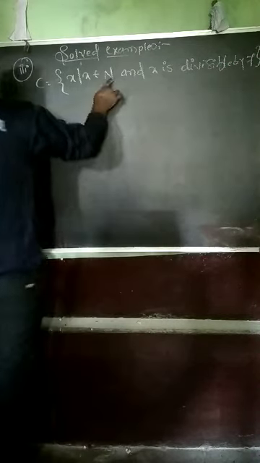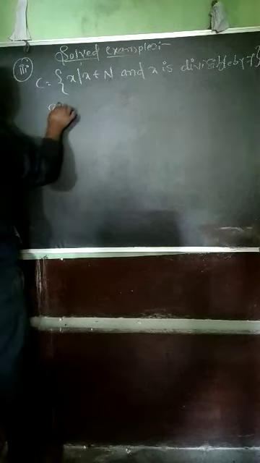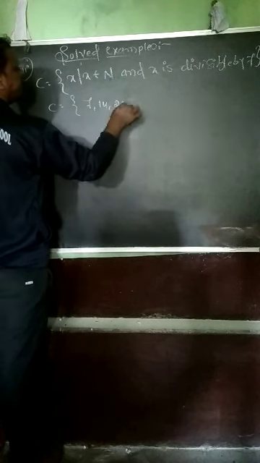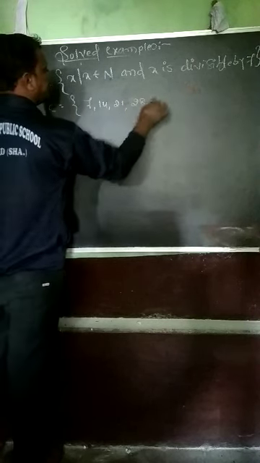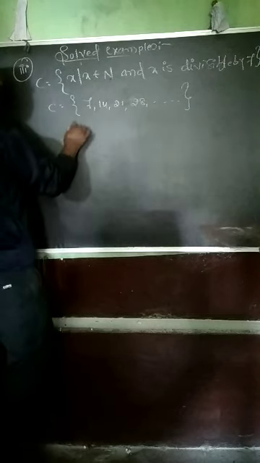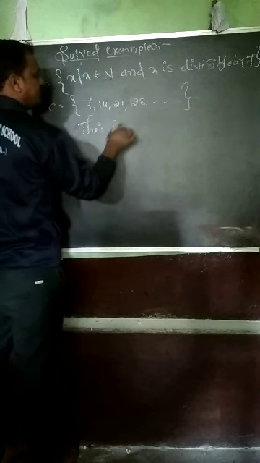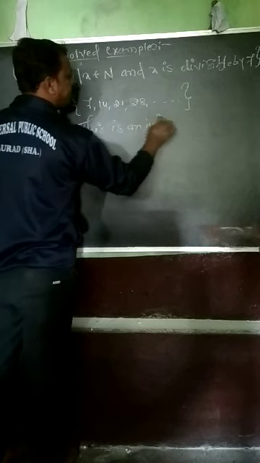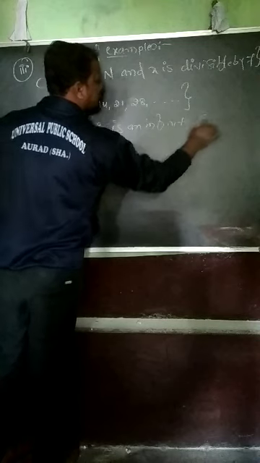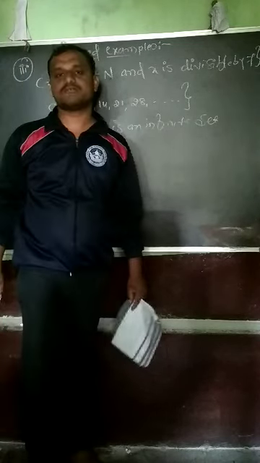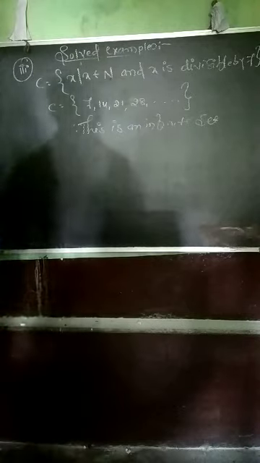So n is a natural number and x is divisible by 7, then we can write 7, 14, 21, 28 and so on. This is an infinite set, right? The remaining problems you do in homework. Suppose any doubt, then ask in WhatsApp.